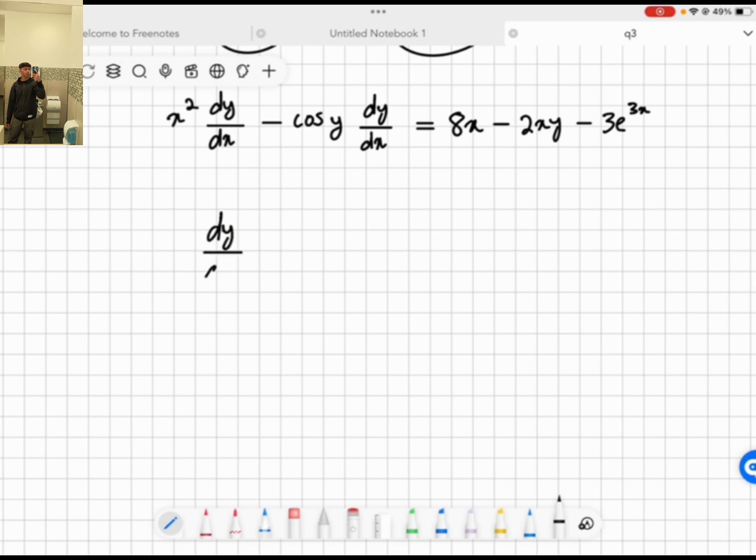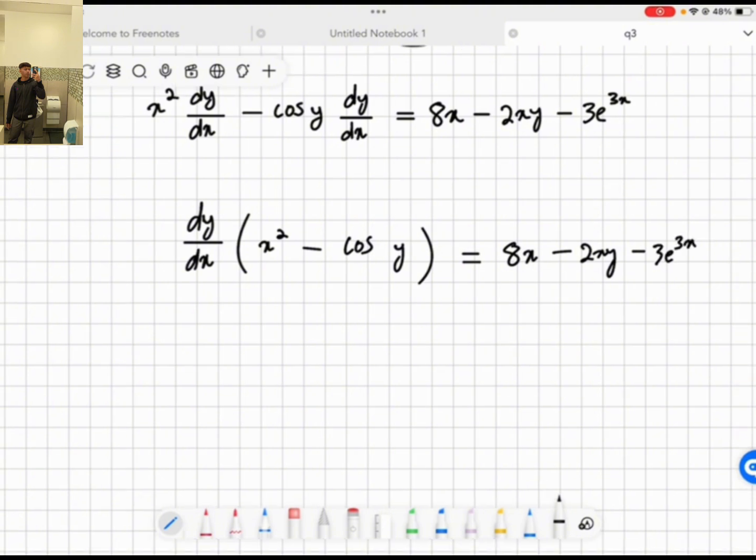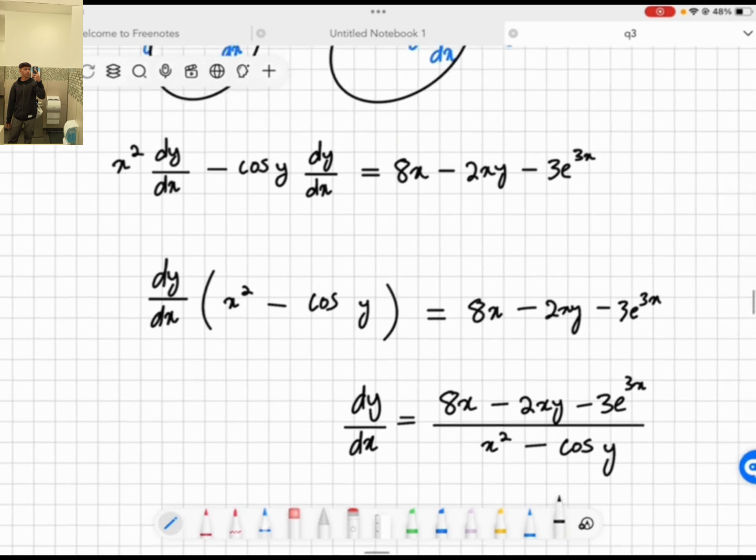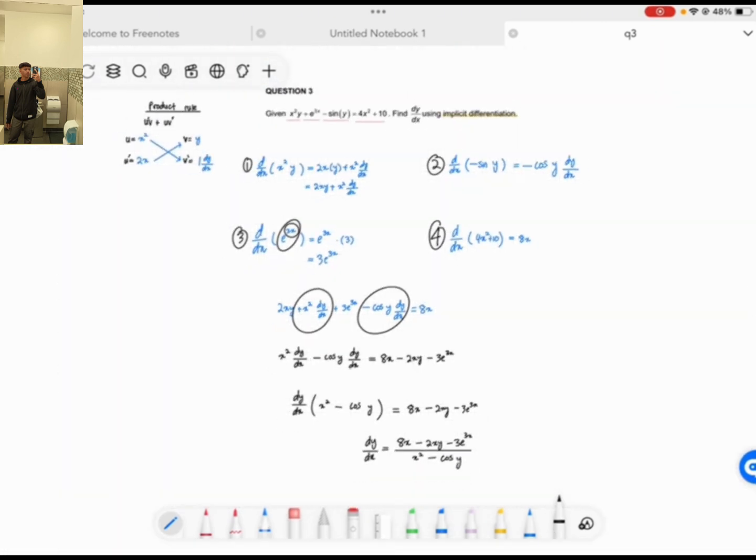It will be dy over dx times (x squared minus cos y) equal 8x minus 2xy minus 3e to the 3x. And last, solve for dy over dx. It will be (8x minus 2xy minus 3e to the 3x) over (x squared minus cos y). That's all for question 3.